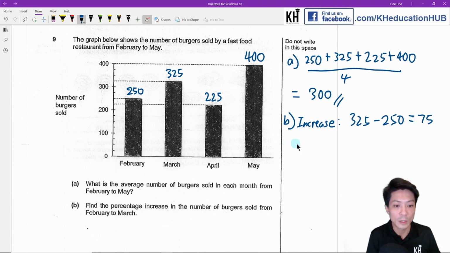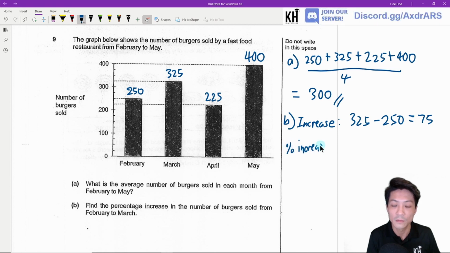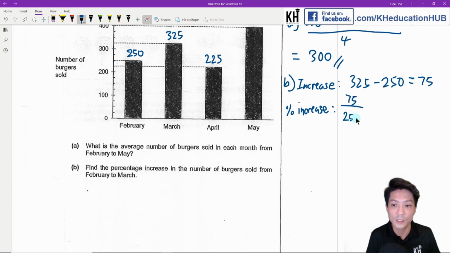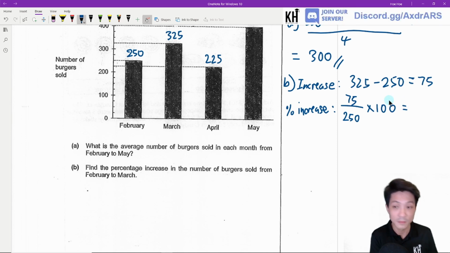So to find the percentage increase, we need to use the increase divided by the original, which is the number of burgers in February, times 100. This will give me 30%.